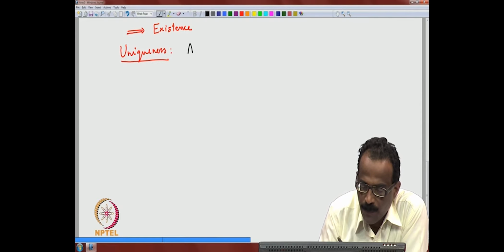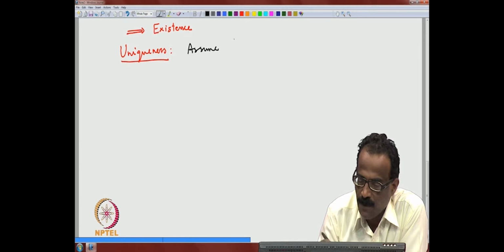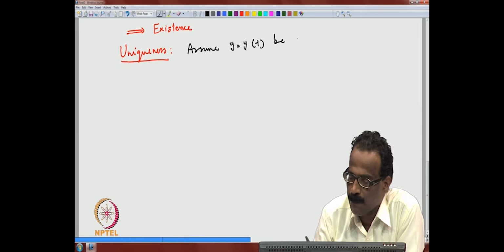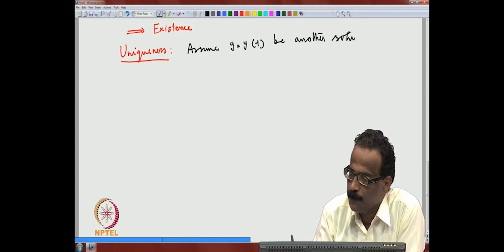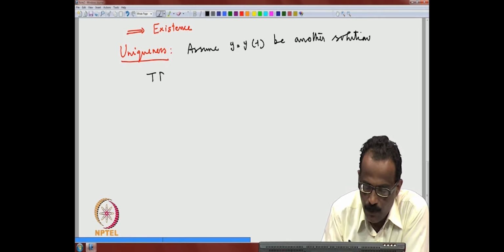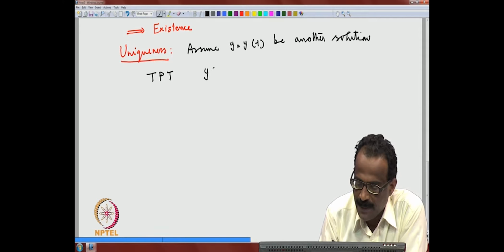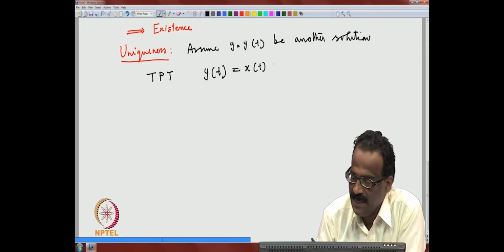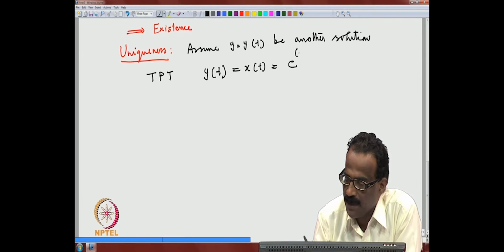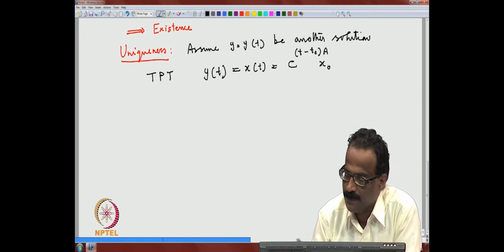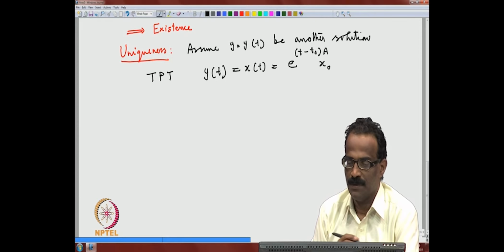So, assume y equal to y t is another solution. Then to prove uniqueness, you have to prove that y t is equal to x t. X t is defined already. What is x t? X t is nothing but e power (t minus t naught) a into x naught. That is what you have to prove.